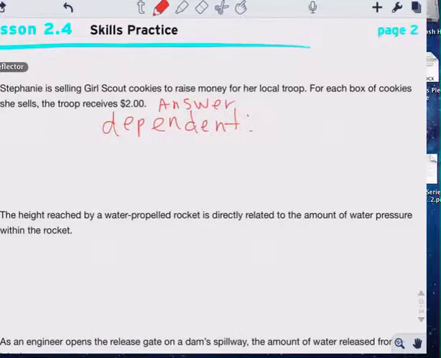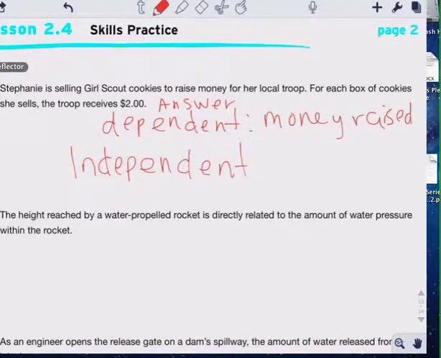The money raised. Money raised is your answer. It's the outcome. Correct? What is the independent? What helps find that answer?